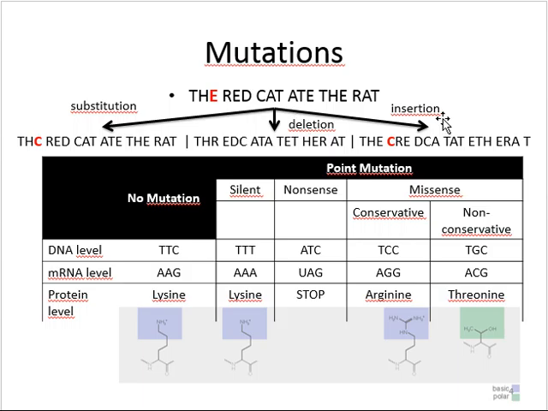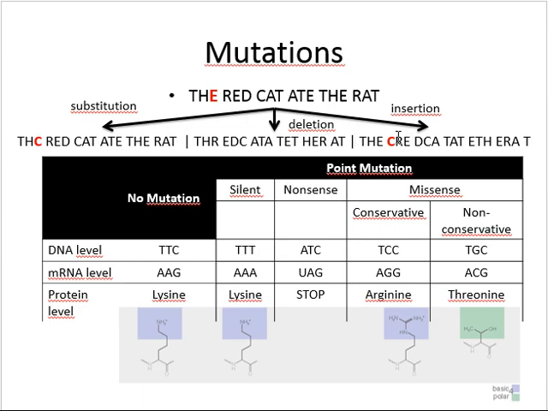Either in deletion or insertion, you can't recognize the sentence, the red cat ate the rat, correct? So this type of consequence is called frame shift. From the moment you delete the E letter, there is a frame shift in the reading, because the reading keeps always being read 3 in 3 nucleotides.